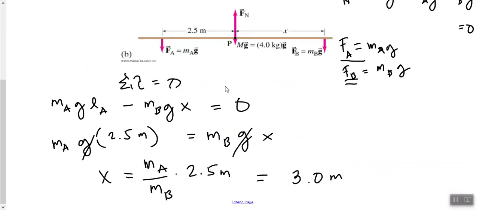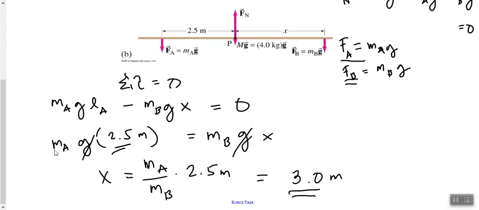So solving for the torque on this particular problem, we have the force, which is equal to mass times g times the length of the object from the pivot point or axis of rotation, and then the torque of B, and then we could also factor out the g, so we plug in the values, rearranging the equation to solve for x. So we have m_A over m_B times the length of the object A, and you should get 3 meters.